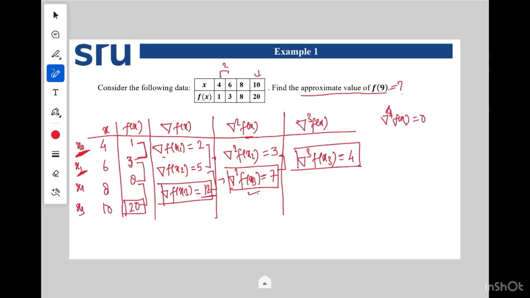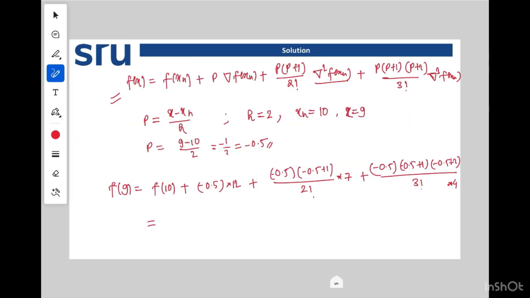Now what is f of 10? F of 10 is given as 20. If you multiply 12 by minus 0.5, you will get minus 6.